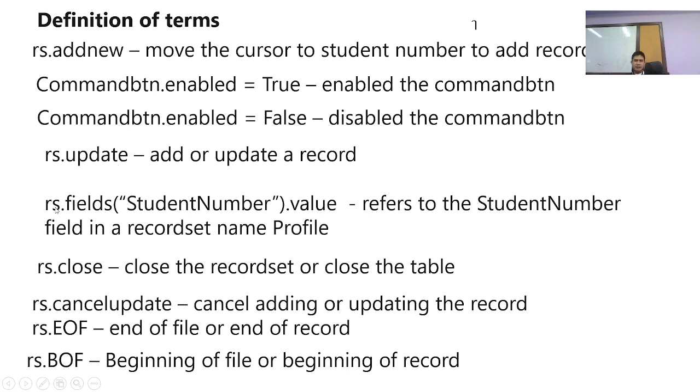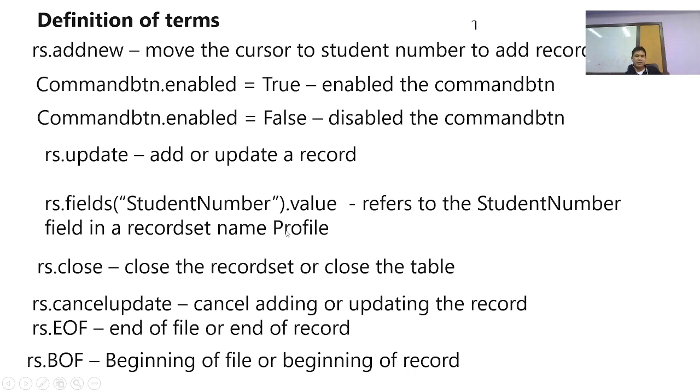And here, this is the way how you can refer to the fields in the record set. Let's say this one, rs.Fields("student number").Value. So it refers to the student number field value in the record set.